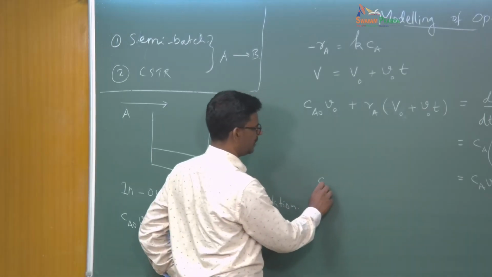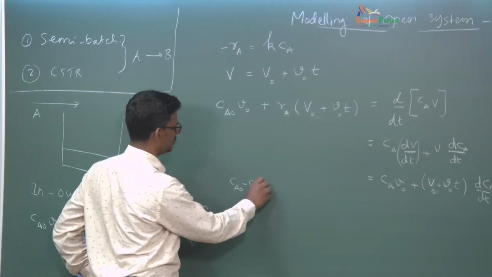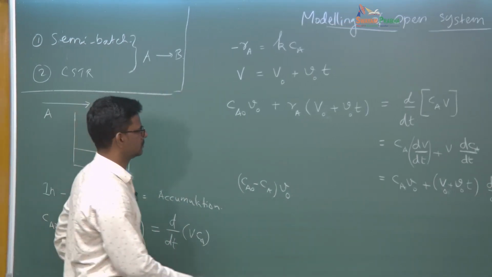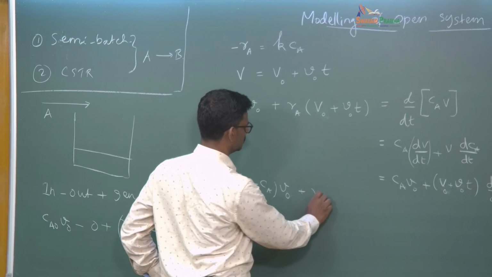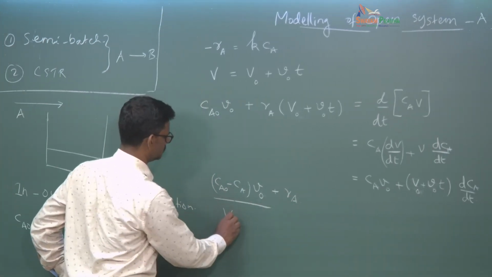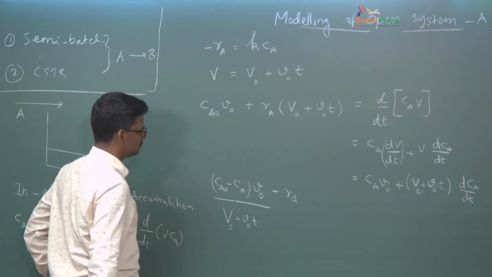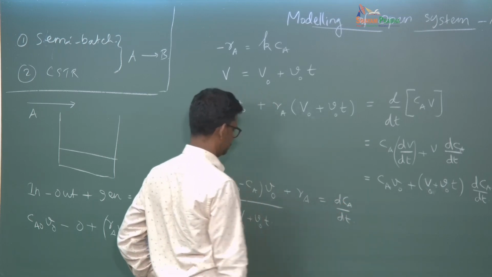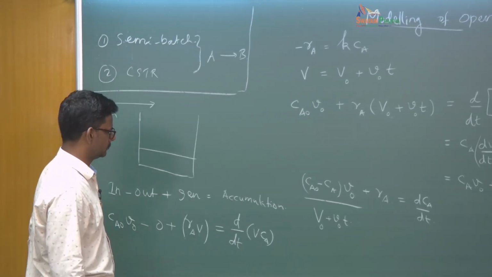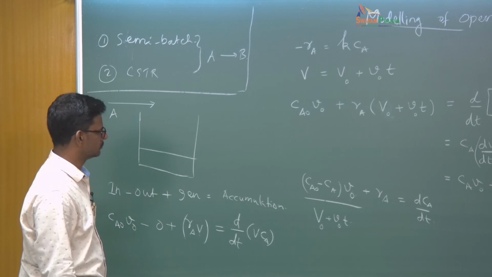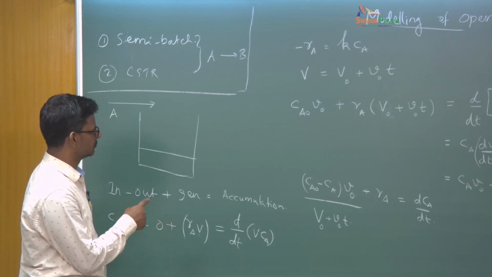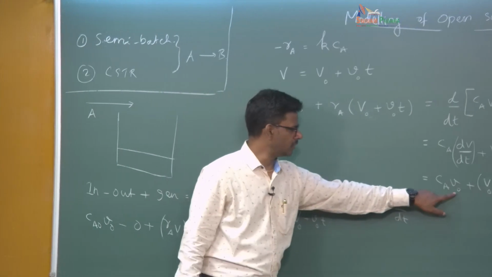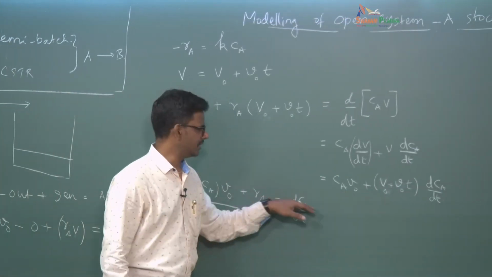So here I have (Ca0 minus Ca) times V0. So between here I have brought this term to the left and then divided this entire term with this quantity.